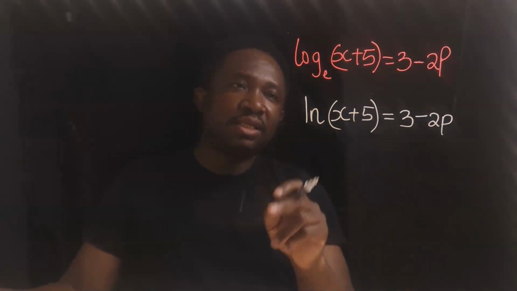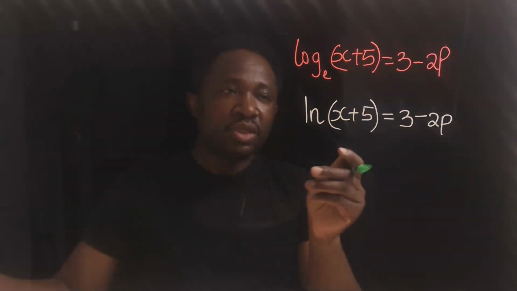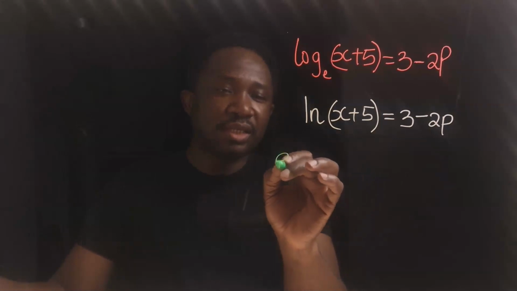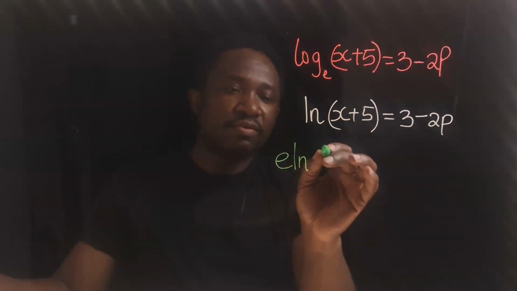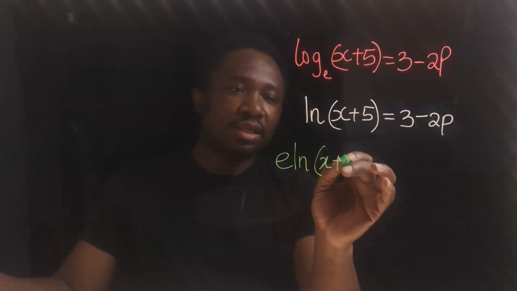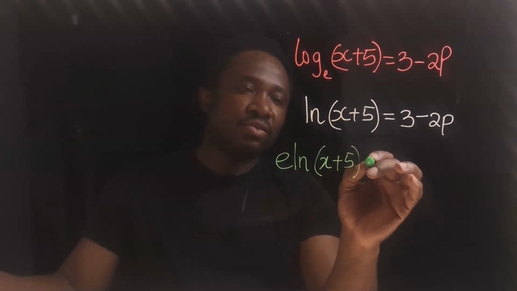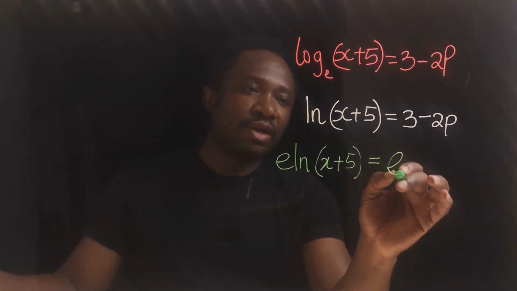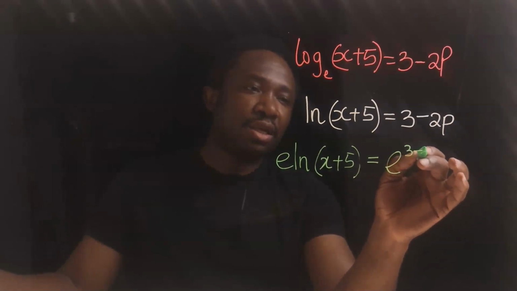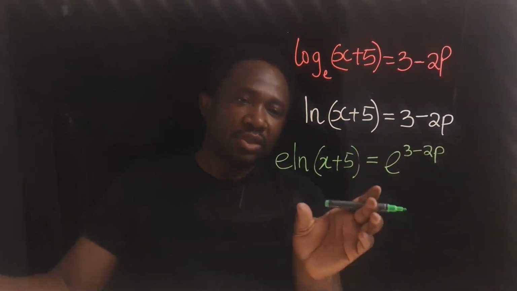This and this are the same. Taking the exponential of both sides, we're going to have X plus 5. On the other side, we're going to have exponential 3 minus 2p.